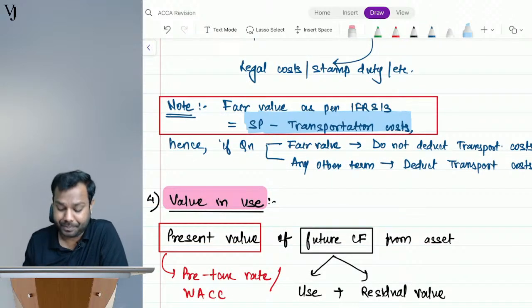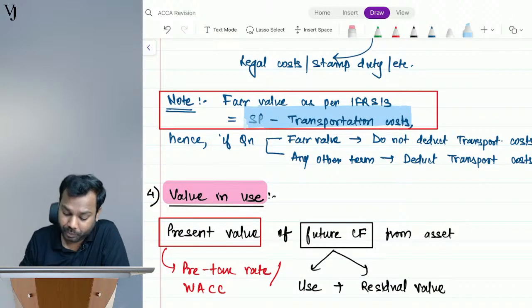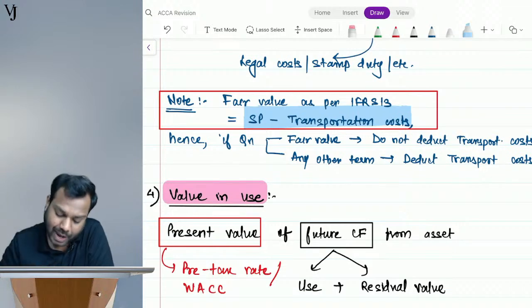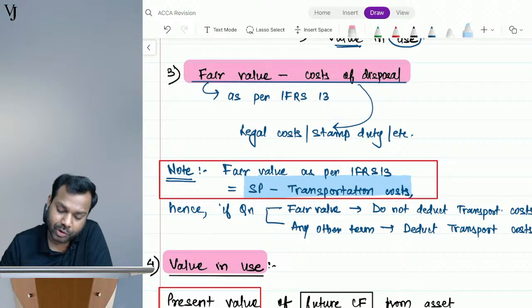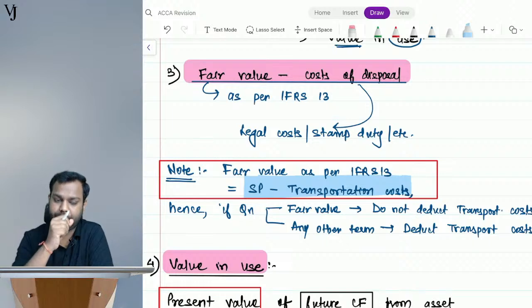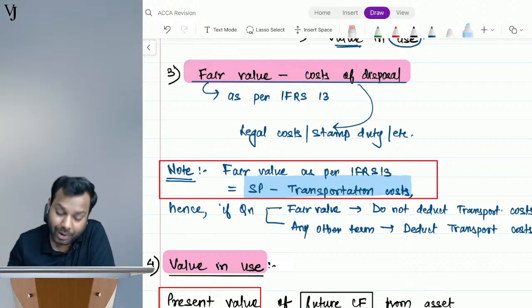Now understand. If I have already adjusted transportation costs here, will I take transportation costs separately in the cost of disposal? No, right? Because it is already adjusted here.